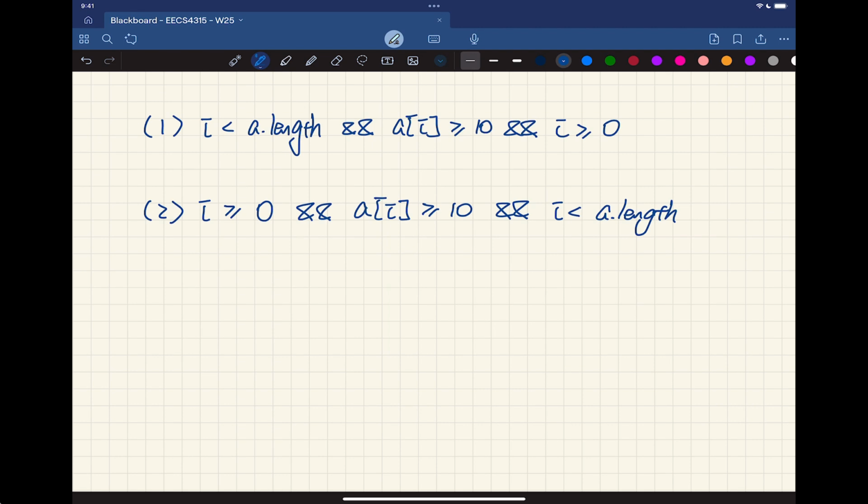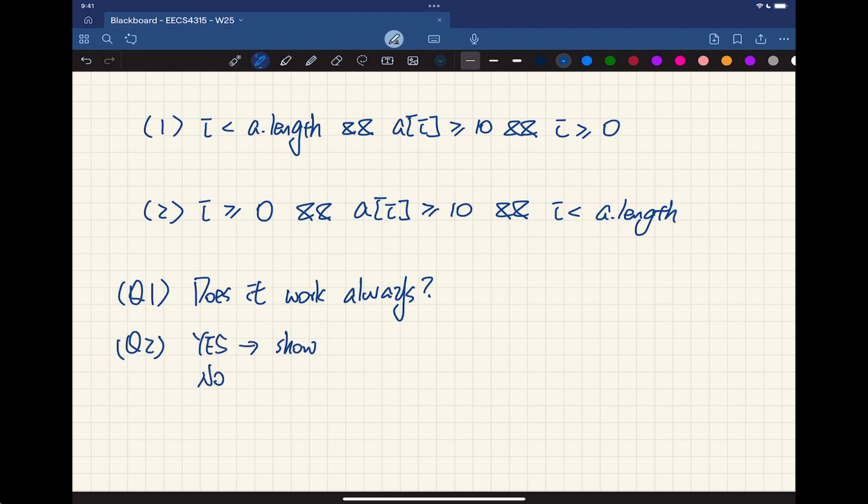So here are two things I want you to think about. Question number 1: does it work for each one of them? Does it work at runtime always? If yes, show it.